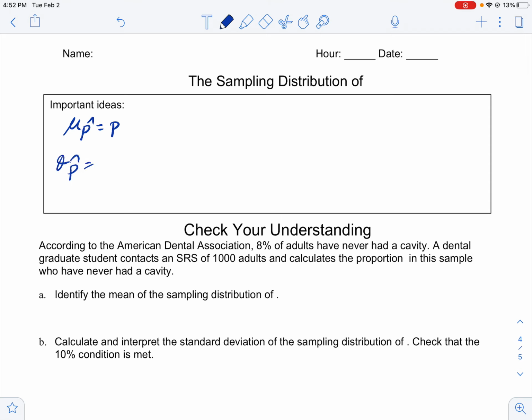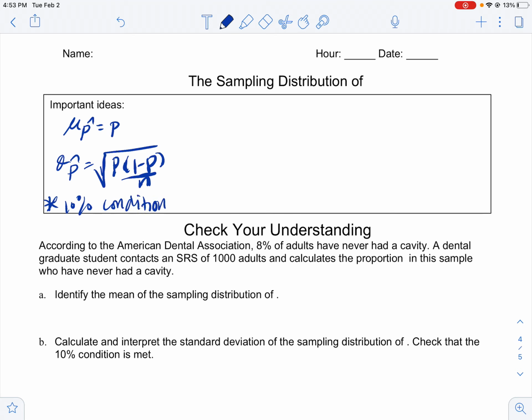We know that the standard deviation of p hat is the square root of p(1 minus p) over n. And then make sure that the 10% condition is met.